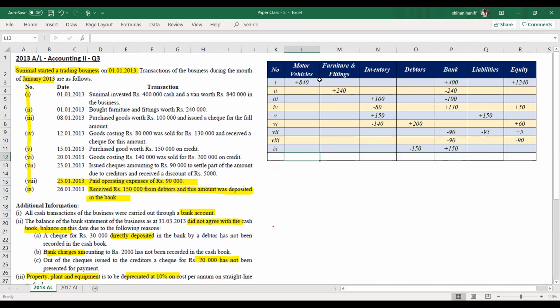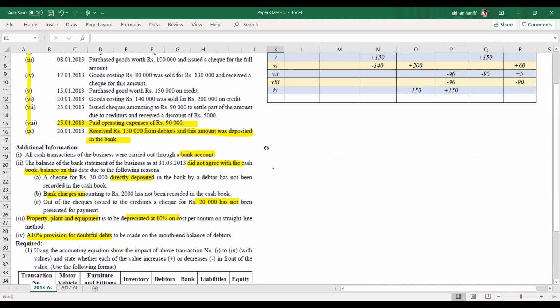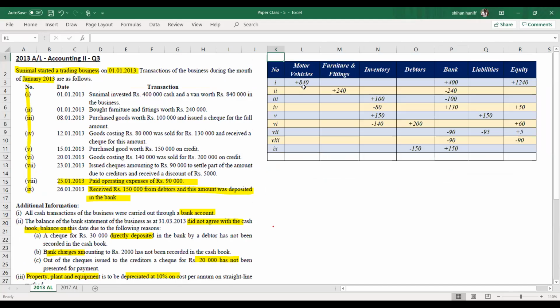So they ask only to record these transactions in the accounting equation. This is number one.